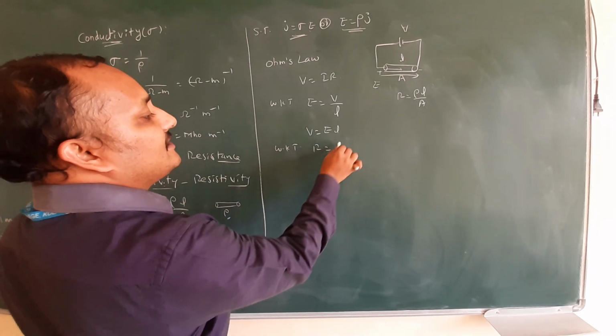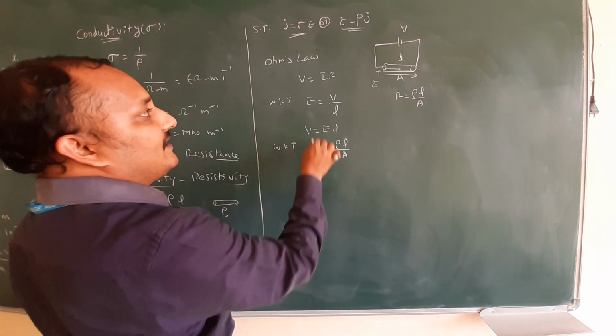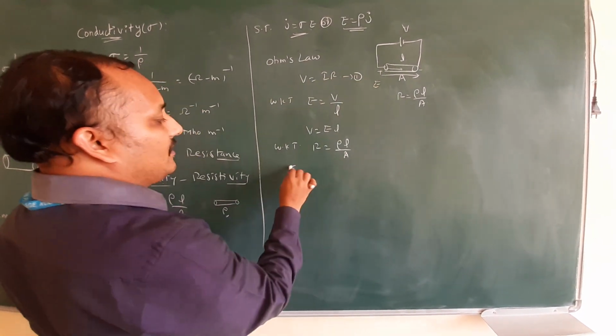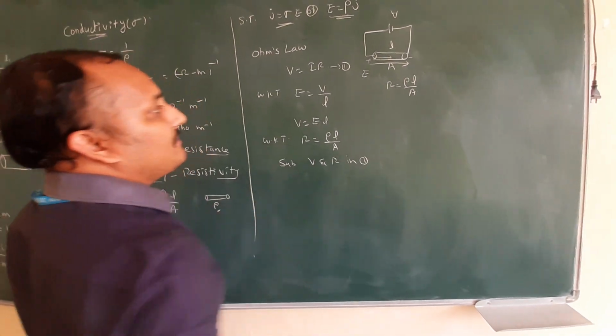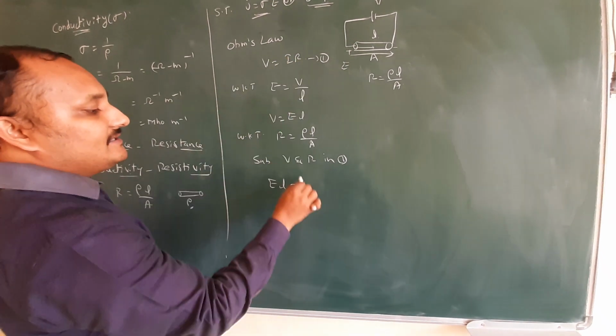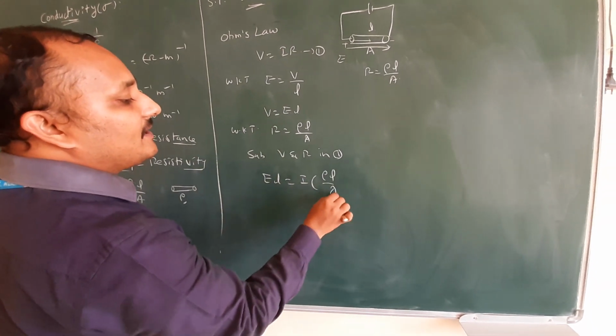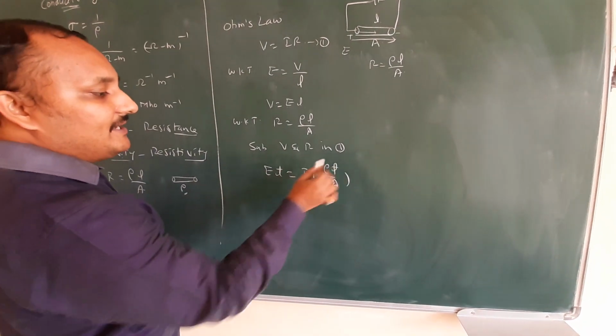We know that R is equal to rho L by A. Substitute V and R in equation number 1. V is equal to EL, and R is equal to rho L by A. Very simple. All these equations we already know. So L will be cancelled.